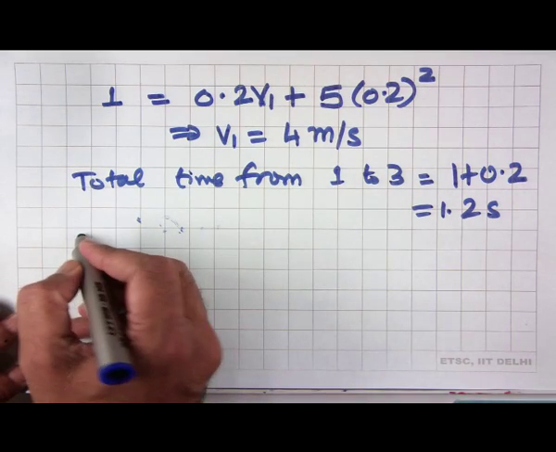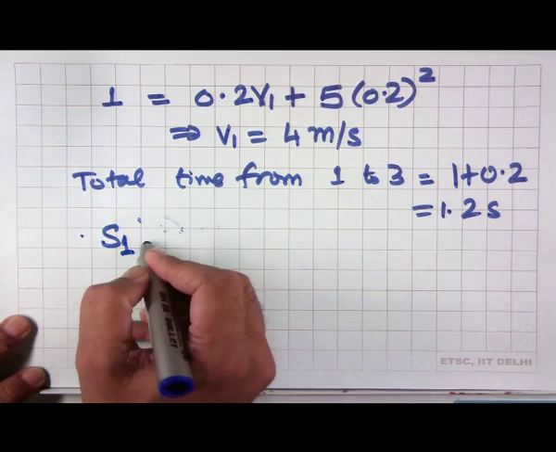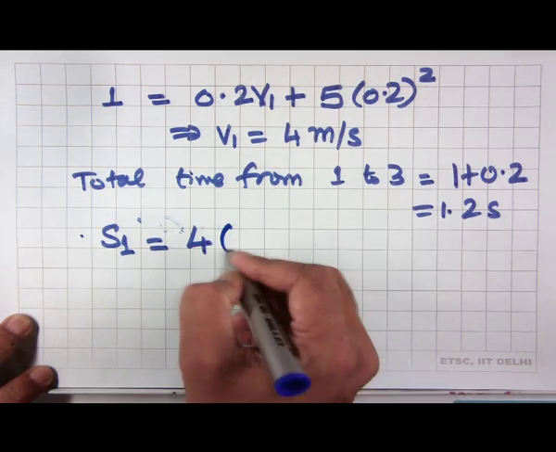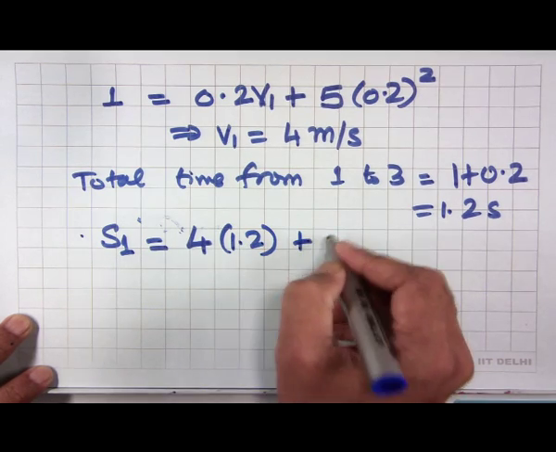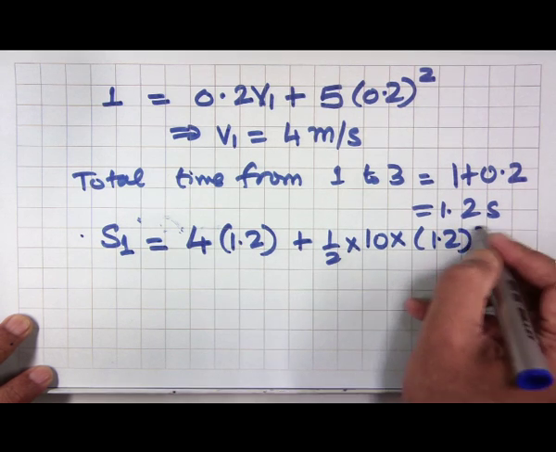So, we use the same formula again, that we use the total distance, which is now S1 is equal to, now we know the velocity, 4 into 1.2 plus half into g into 1.2 square.